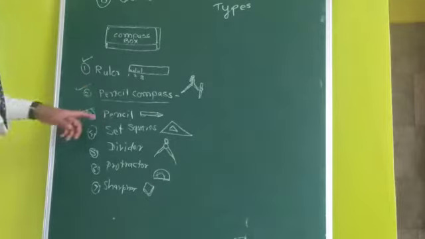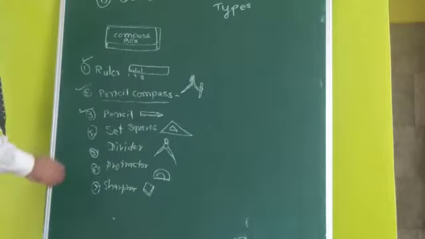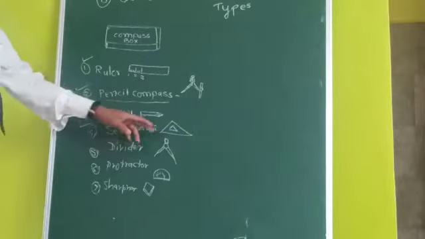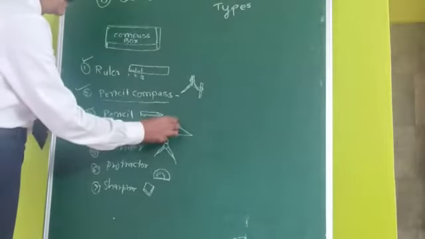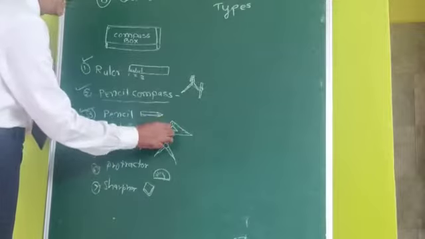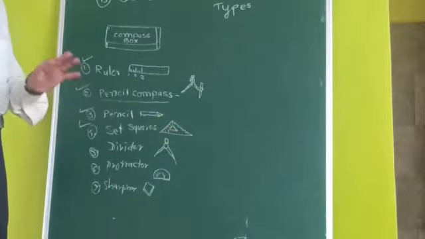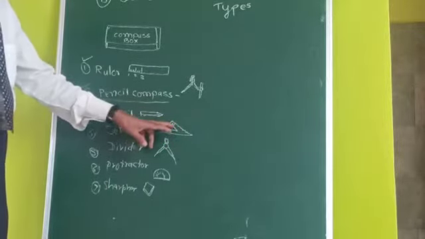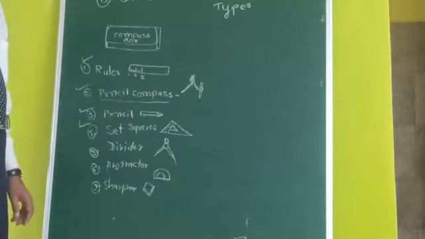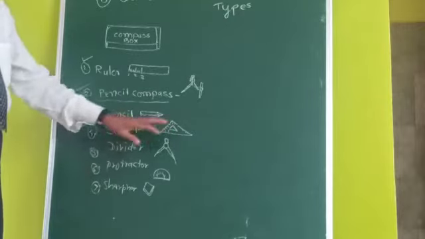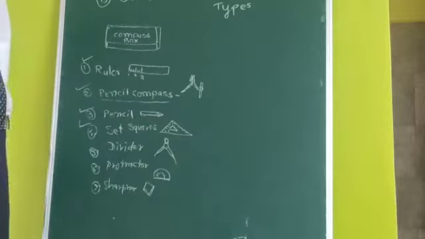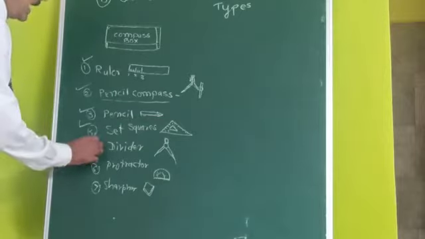Then next is the pencil, and as I told you, this is the set square. This is used for measuring angles and drawing perpendiculars, especially drawing perpendiculars. There are different uses; step by step I will tell you. This is the divider.